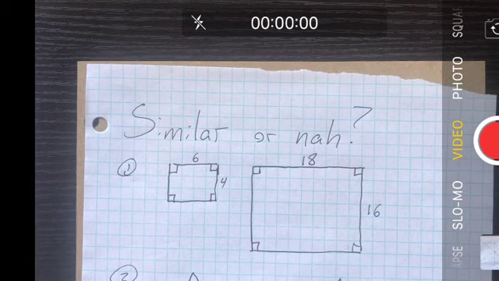So we need to ask ourselves, when is a shape similar? Is this first shape similar or nah?